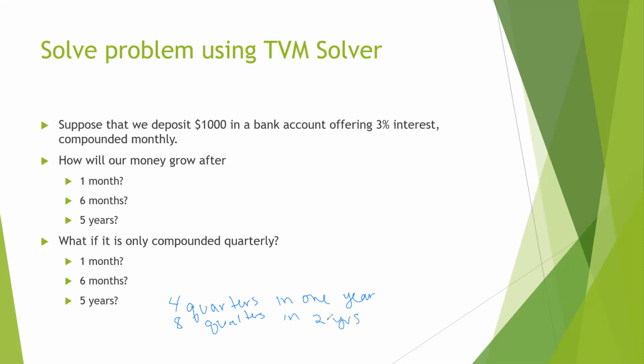And so we'll take 4 quarters times 5 years, which is going to equal 20 quarters in 5 years. So now we'll go back over to the solver.